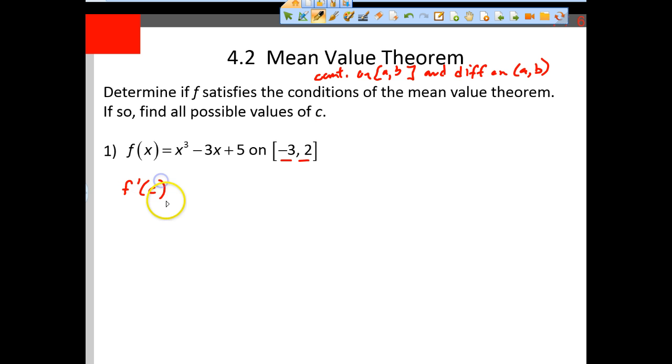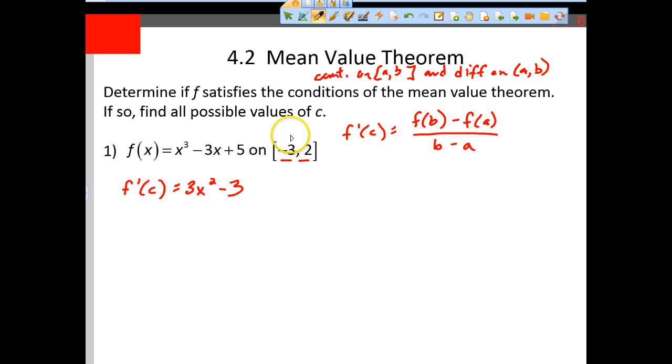So f prime of c. That one's pretty easy, 3x squared minus 3. Now remember, the conditions of the mean value theorem are met. So if that is true, then there must be a value of c in between -3 and 2, where f prime of c is equal to f of b minus f of a over b minus a.